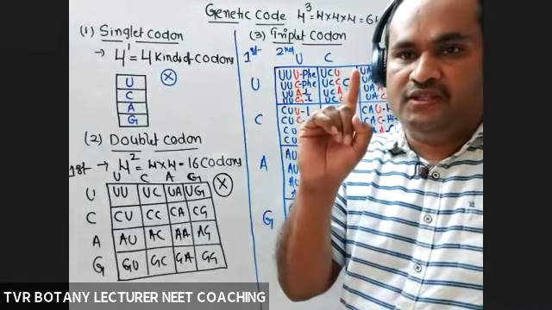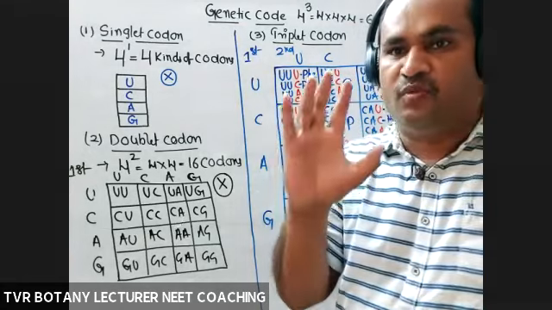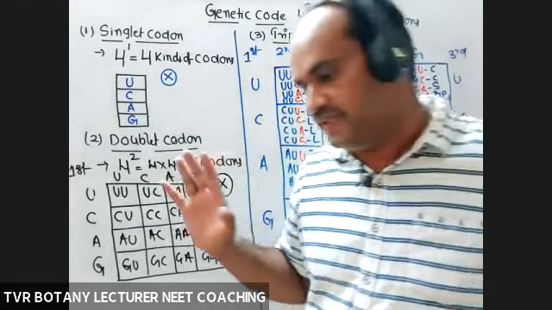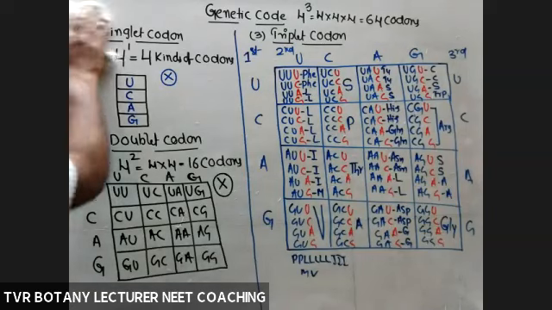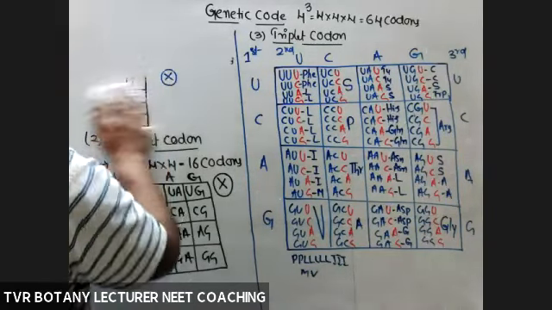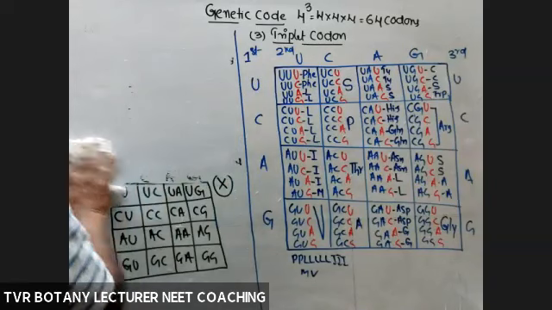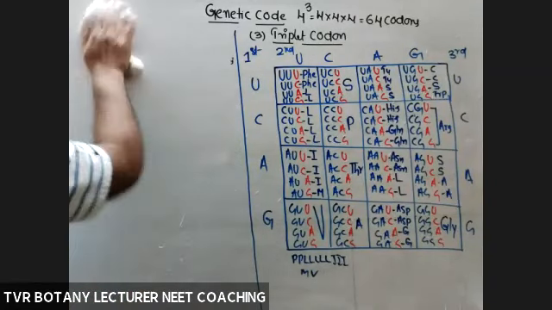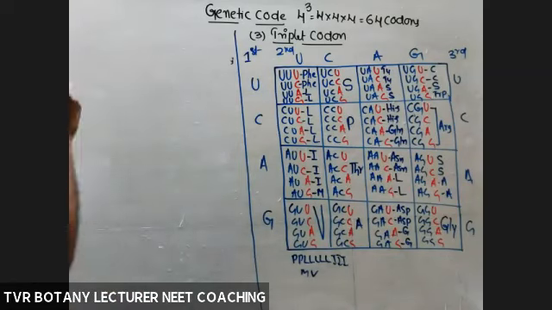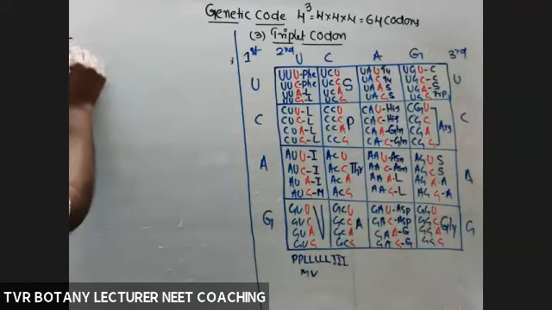So according to the triplet codon concept, what is the total number of kinds of codons? 64.